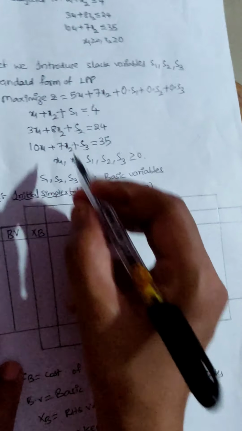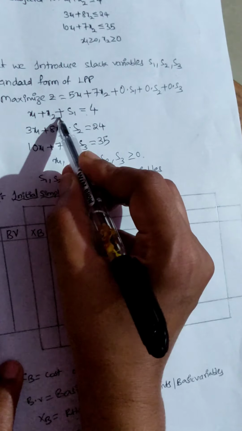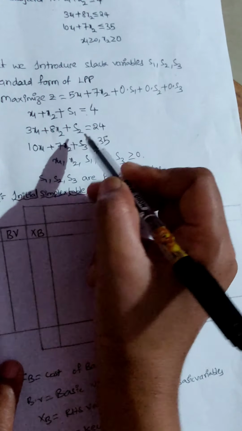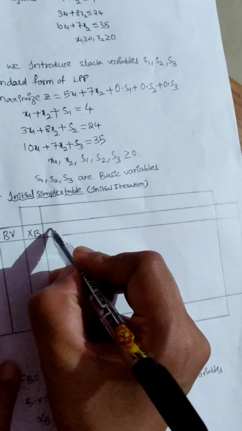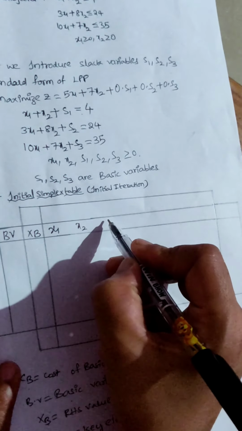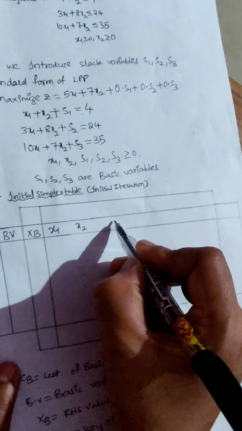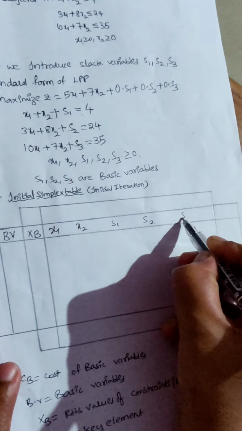Next write the variables we have: x1, x2, s1, s2 and s3 in this row.